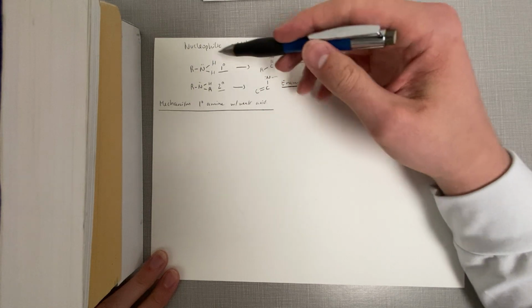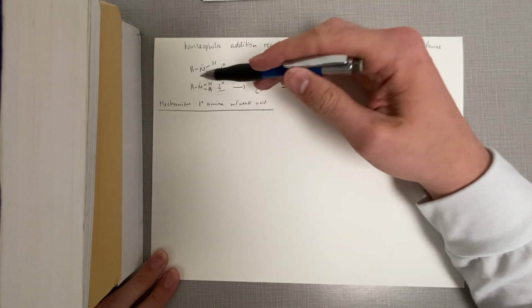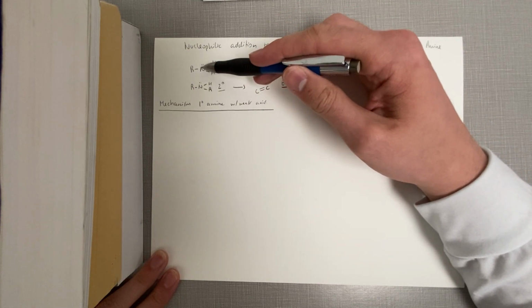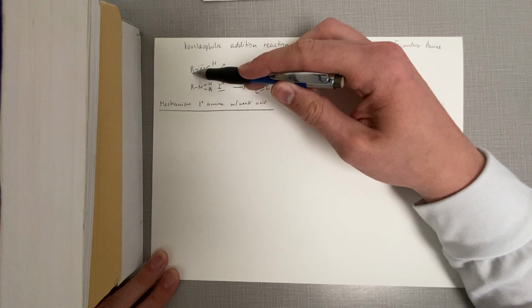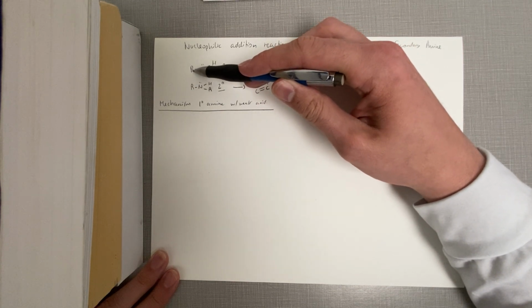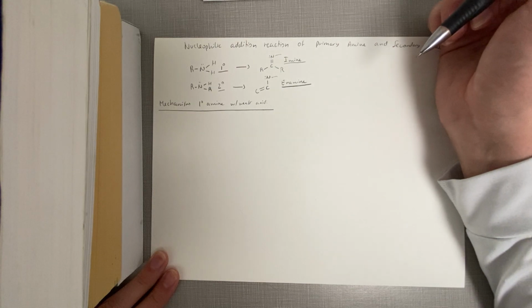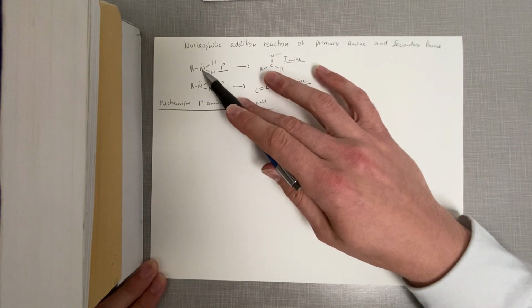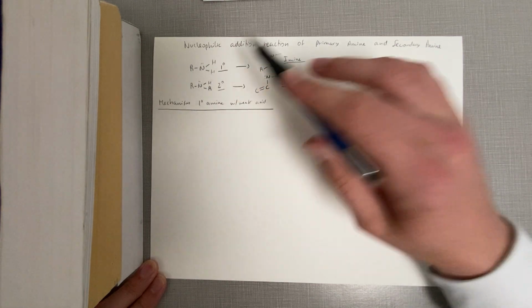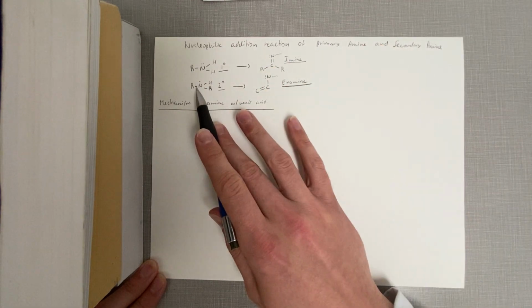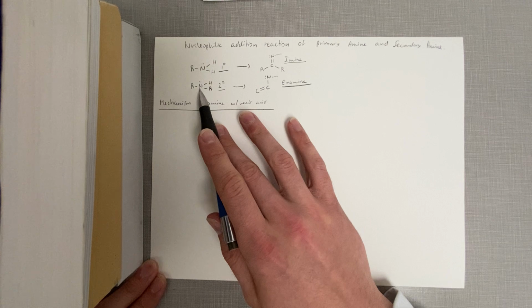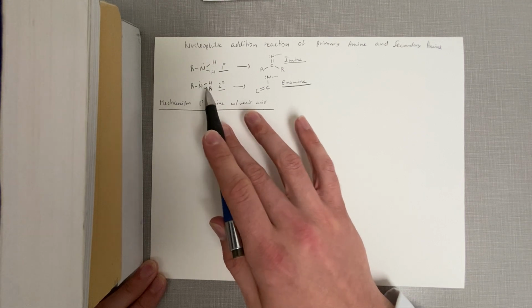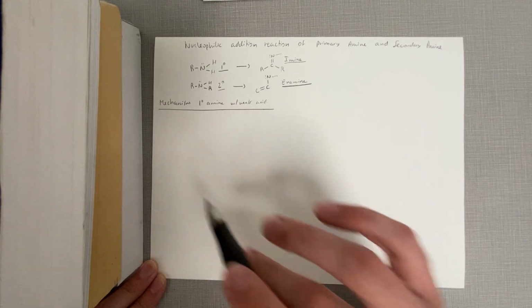So a primary amine is an amine group where the nitrogen is attached to only one carbon, R being any carbon chain. So primary is nitrogen bonded to one carbon, and a secondary amine is a nitrogen bonded to two carbons.